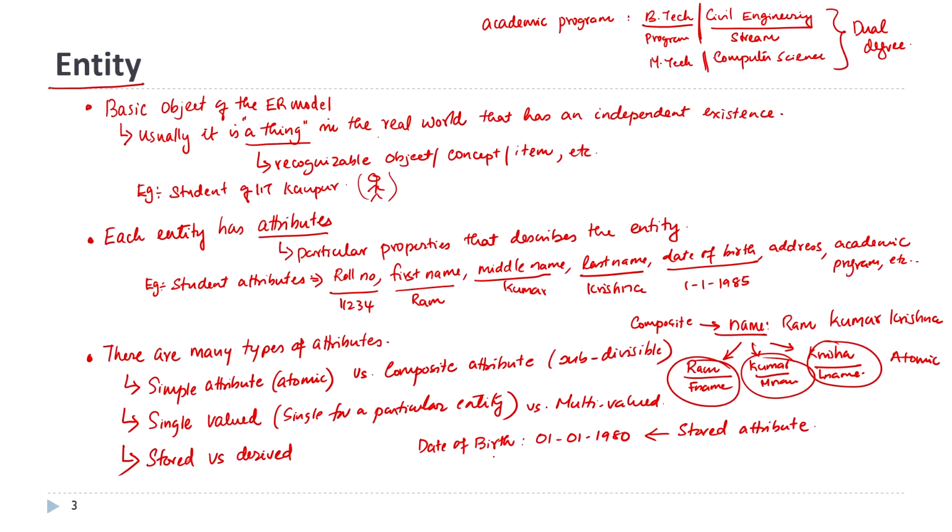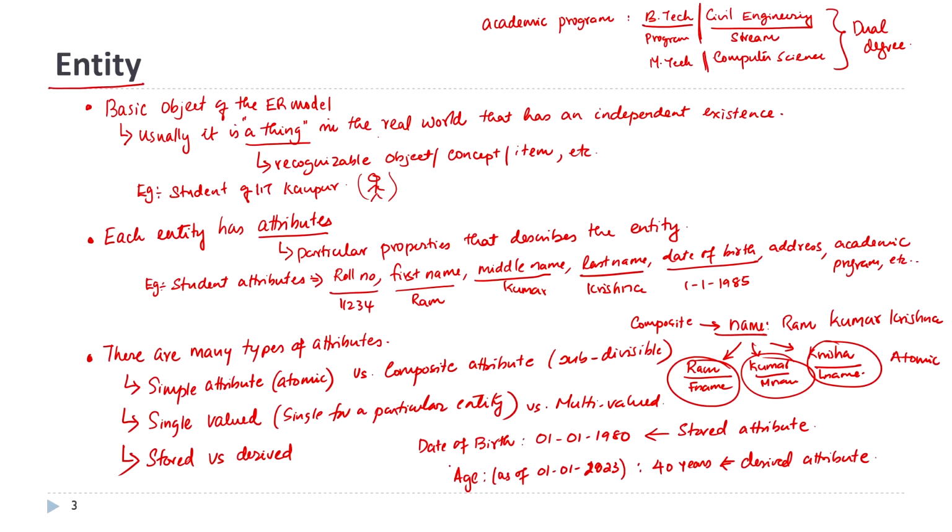Then the age of the person as of 1/1/2023 will be about 40 years. That will be the derived attribute. It is derived from the stored attribute.